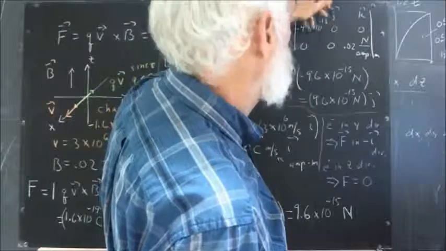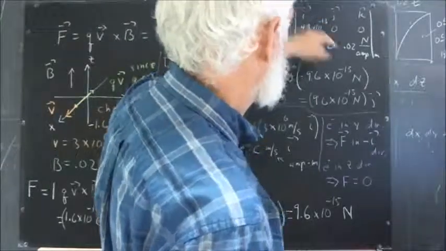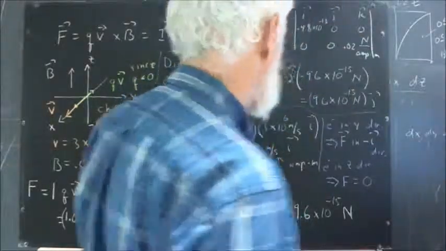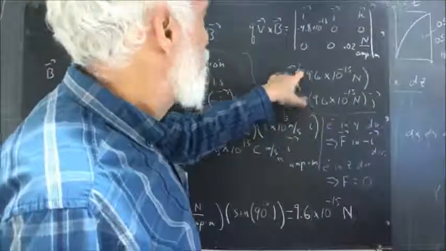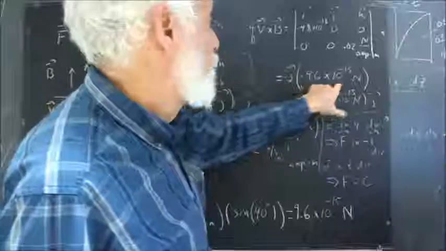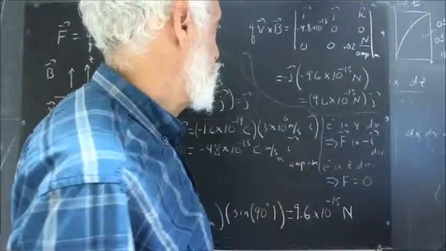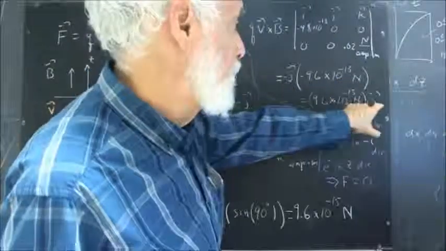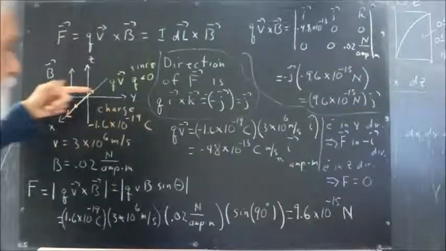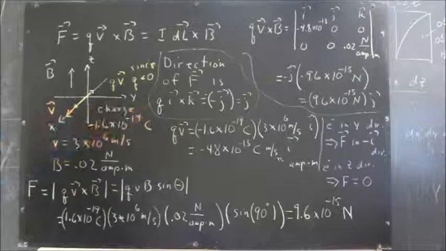It'll be negative j times this if we follow the rule for determinants, so that we get negative j times negative 9.6 times 10 to the negative 15th newtons, which gives us positive 9.6 times 10 to the negative 15th newtons times j, and the direction is the direction of the j vector.